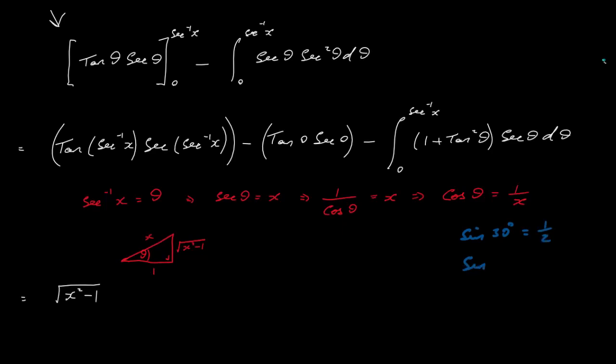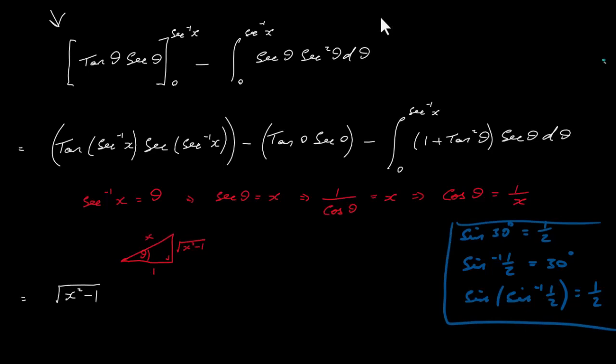That means the sine inverse of a half is equal to 30 degrees. Now, if you get the sine of the sine inverse of a half, that is just the sine of 30 degrees, which again is a half. So the sine of the sine inverse of a half is just a half. Similarly here, the sec of sec inverse x is just going to be equal to x.